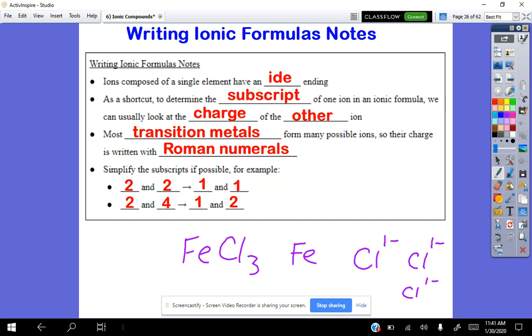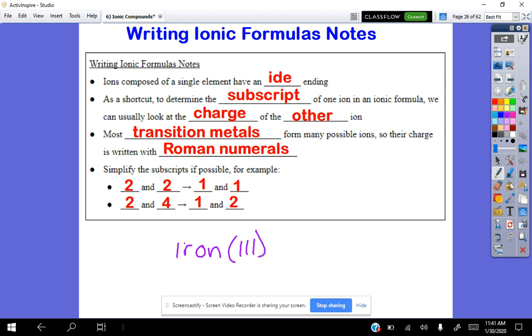So if I have a -3 for my chlorine, because I've got 3 sets of -1, then I must have a +3 for my iron ion. If I have a +3, the name for something like that would be iron(III) chloride. They use Roman numerals to refer to the charge of the metal ion.